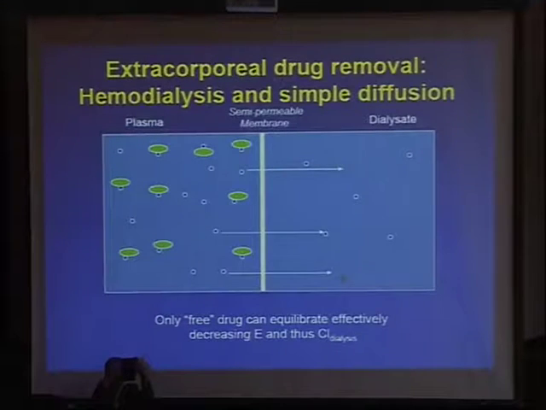Of course, only the free portion of the drug, like we mentioned, can pass across the semi-permeable membrane, whereas the protein-bound portion will not be able to pass. So therefore, drugs that have low protein binding, like gentamicin, for instance, easily diffuse across the semi-permeable membrane, whereas other drugs like vancomycin and amphotericin have a big molecular weight and do not diffuse across the membranes.